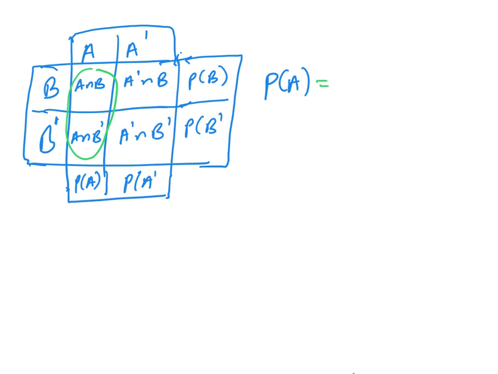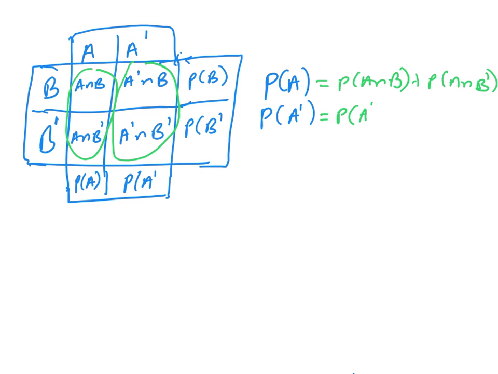This will be the probability of A intersection B plus the probability of A intersection B complement. And if you want the probability of A complement, then we look right here. This is the probability of outside A intersecting B plus the probability of outside A and outside B.